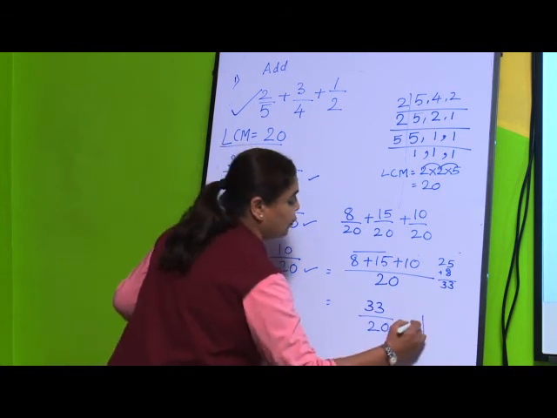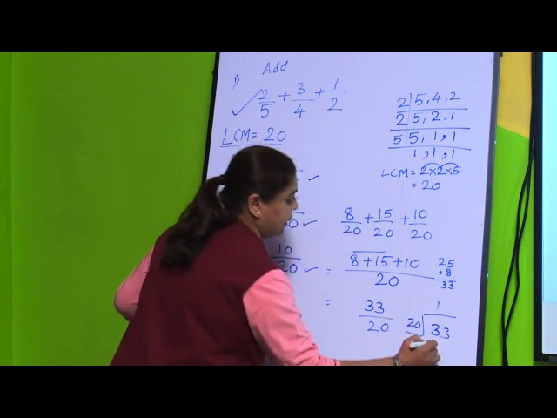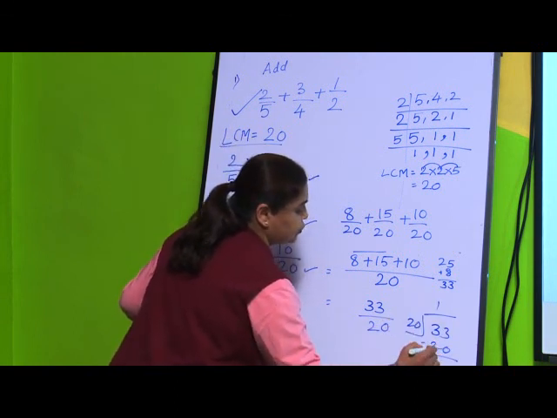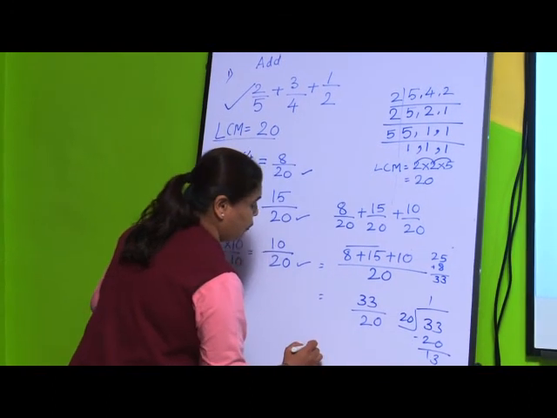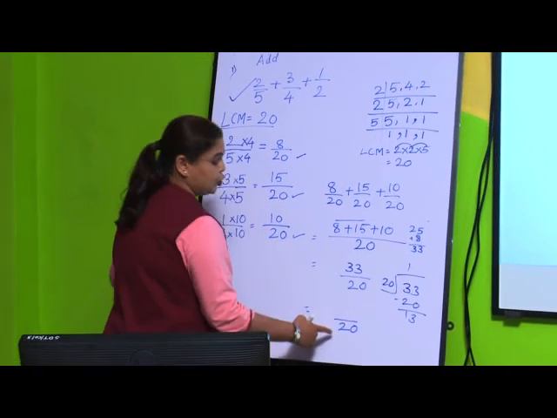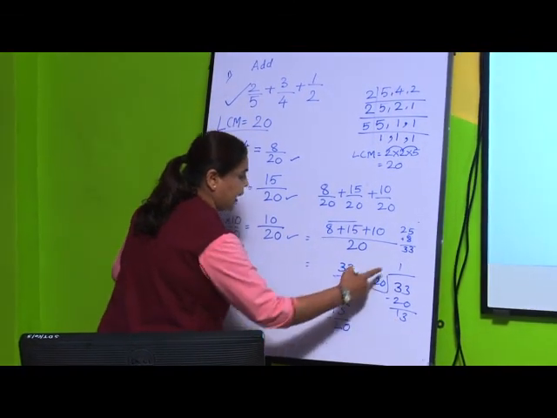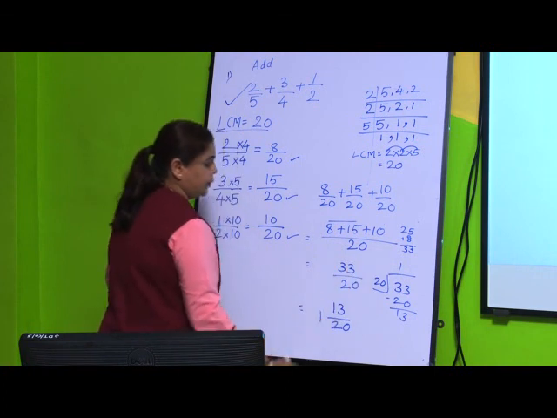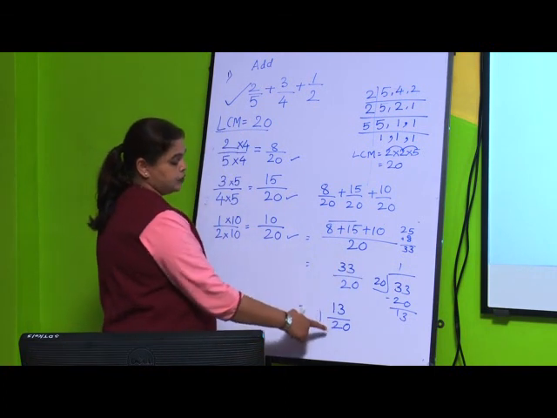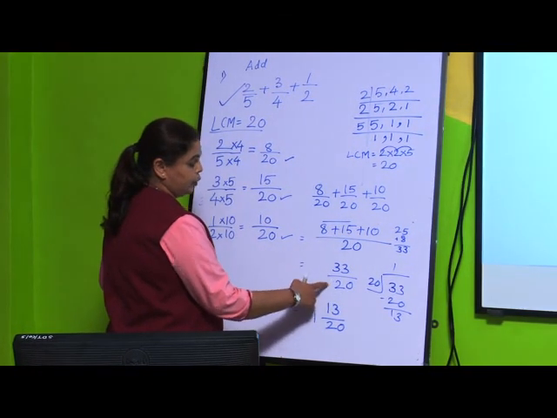This improper fraction we have to convert into a mixed fraction. 20 ones are 20. So here 1 and 13 remainder. Now in the mixed fraction, whatever you have in the denominator should be written the same, what you got as the remainder should be written in the numerator, and the quotient should be written as the whole number. If you want to check, 20 ones are 20 plus 13 is 33 upon 20.